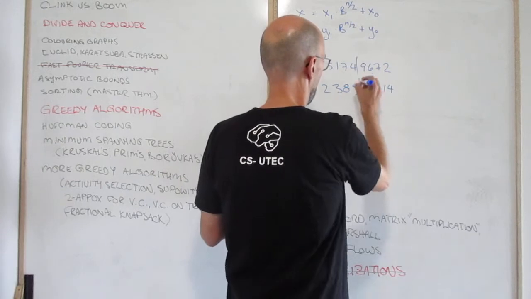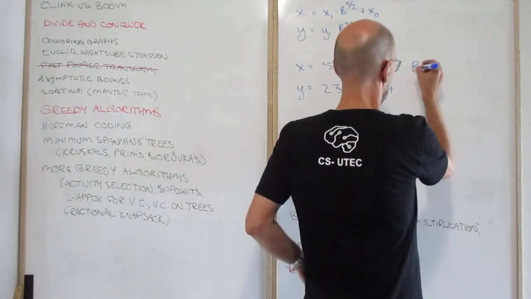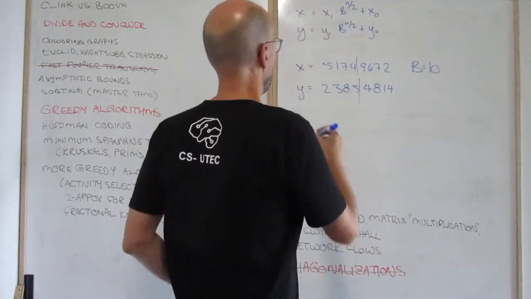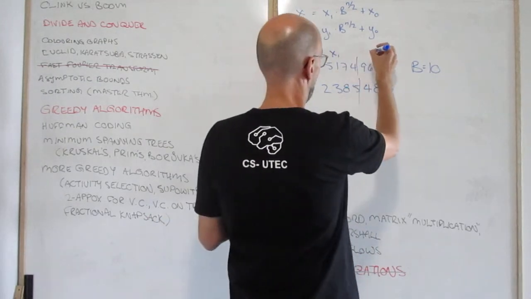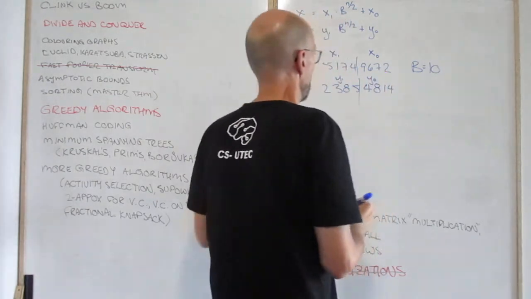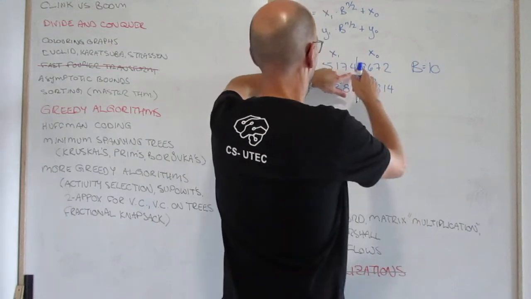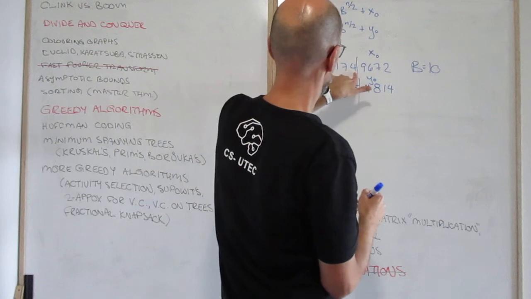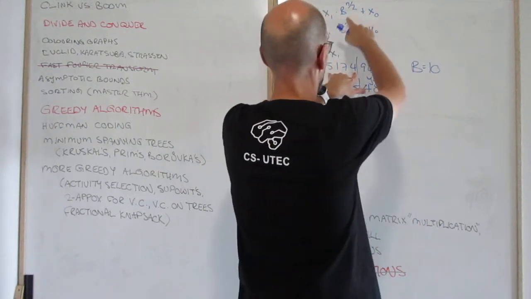Okay, so we split each of these in half. B is equal to the base of our number system, let's say 10. So x1, x0, y1, y0. Notice that x is x1 times 10,000, which is b to the 4.